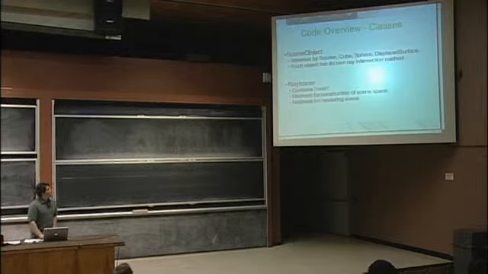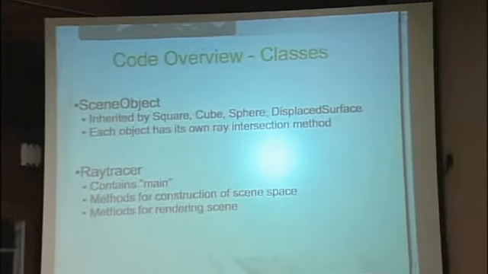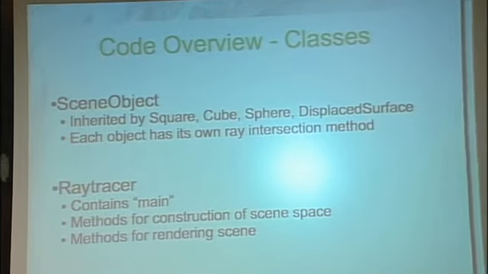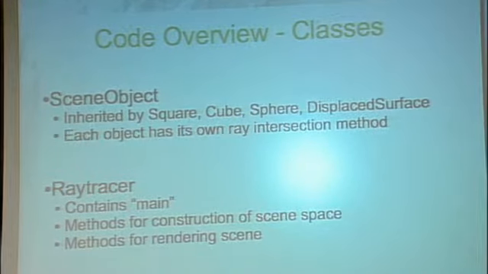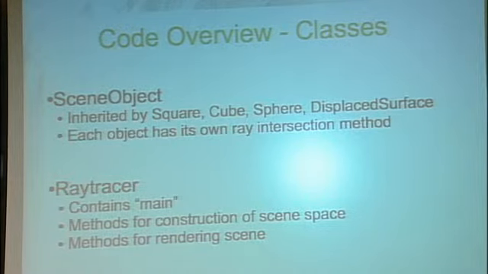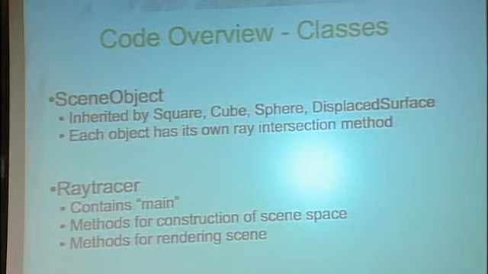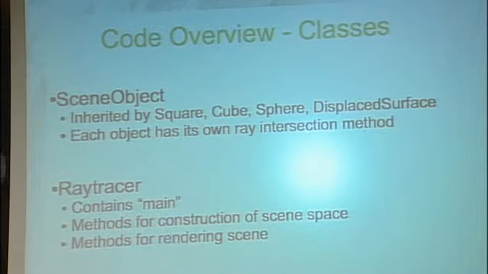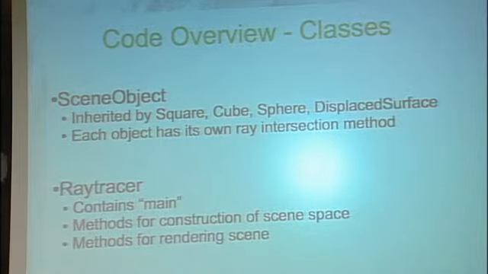All right, so next we're gonna do a quick overview of the code that will be in your repositories, just to get you started and help you understand how it works. First, we're gonna start by explaining some of the classes you'll find.